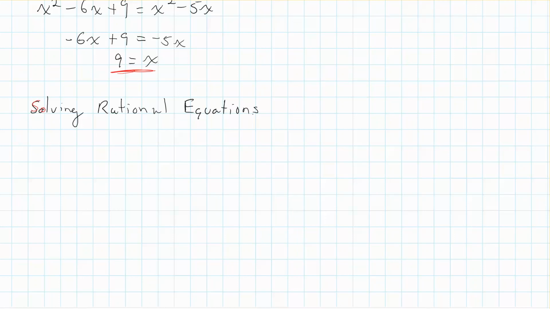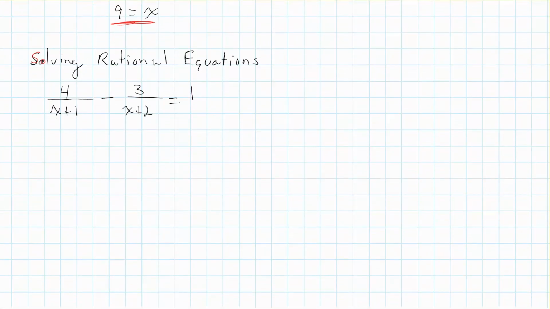We want to get rid of the denominators and then solve whatever the resulting equation is. So let's look here at 4 over x plus 1 minus 3 over x plus 2 and have this equaling 1. Now I want to clear out my fractions so I can solve this.